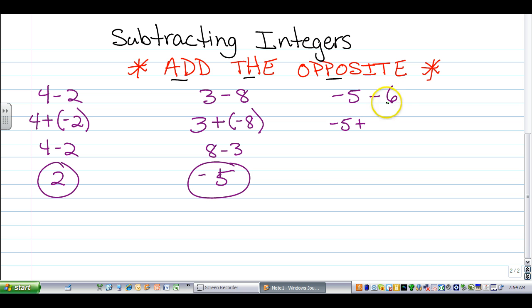And this, remember, is a +6, so I'm going to change that to a negative. I added the opposite, and there, look, that's one of the easy ones, right? If they have the same sign, what do we do? We just add and keep the sign. So this is -11. So this looked like it was going to be pretty tricky, but actually turned out to be a pretty easy one.